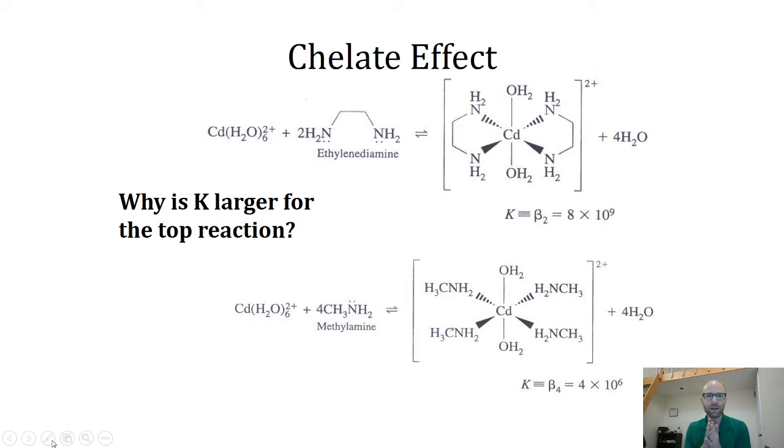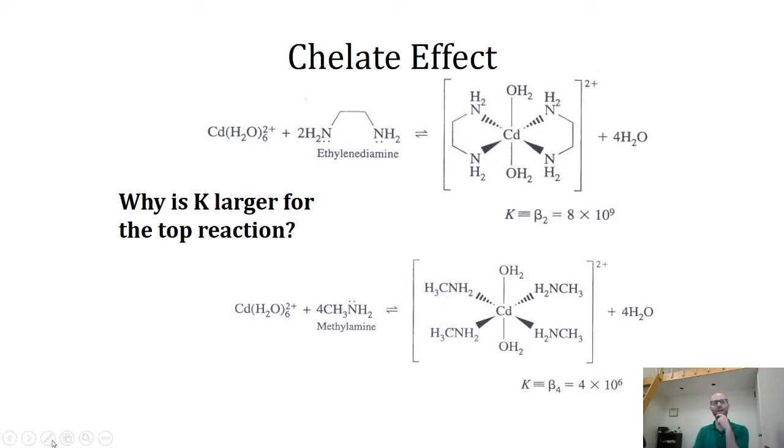So if we want to think about this in terms of a mechanism, the idea is that a water falls off and an ethylene diamine comes in, or a water falls off and a methylamine comes in. For 2 methylamines to take the place of 2 waters, you need 2 collisions, which means you need 2 molecules to work their way over with the randomness that they have.